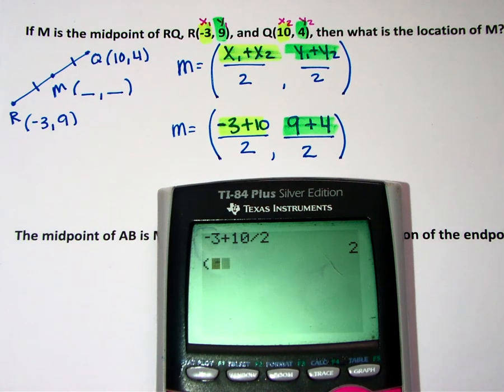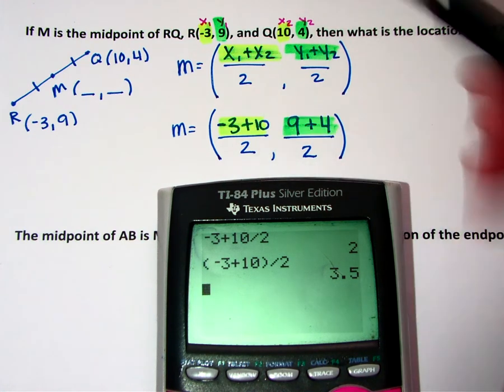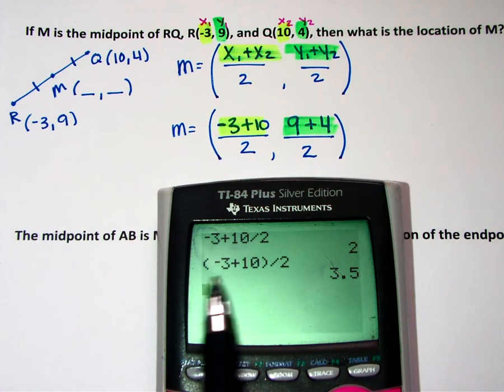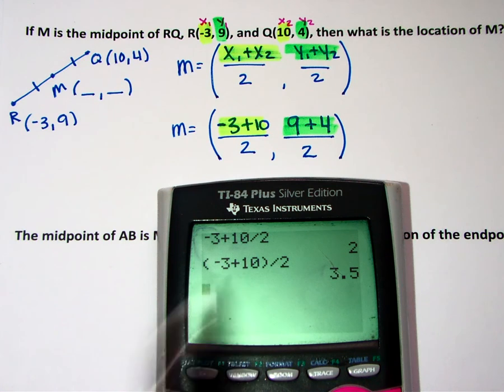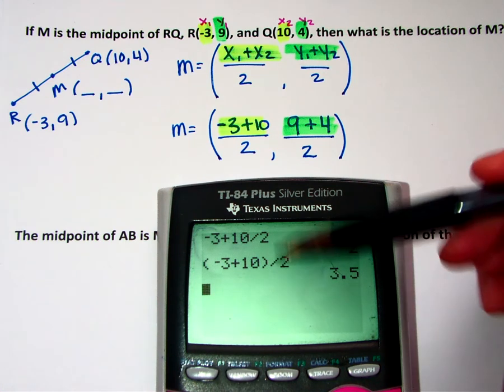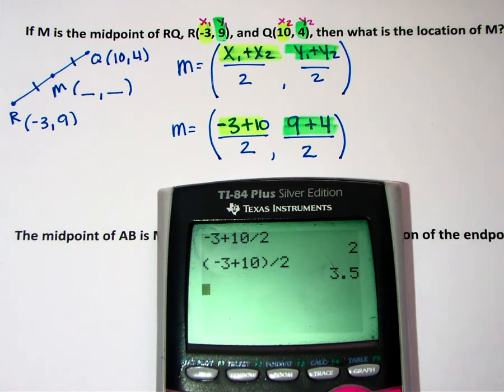You need to put the top in parentheses because your calculator is not smart enough to know that you want these two numbers added together unless you tell it, hey, parentheses are first in order of operations. You have to group them. So notice I typed in the same numbers, but on the top I didn't group, and on the bottom section I did.